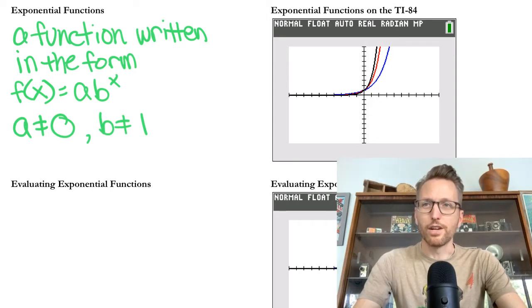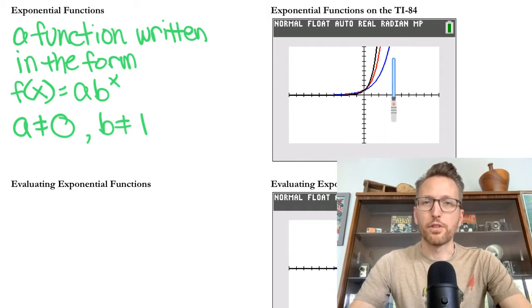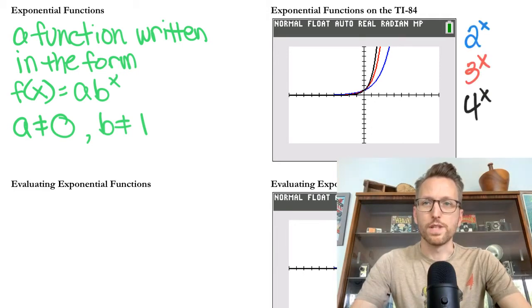On the right here, how about exponential functions on the TI-84? I graphed 3 of them. I believe they're 2 to the x, 3 to the x, and 4 to the x. So 2 to the x would be the one farthest to the right because it grows the slowest of the 3.